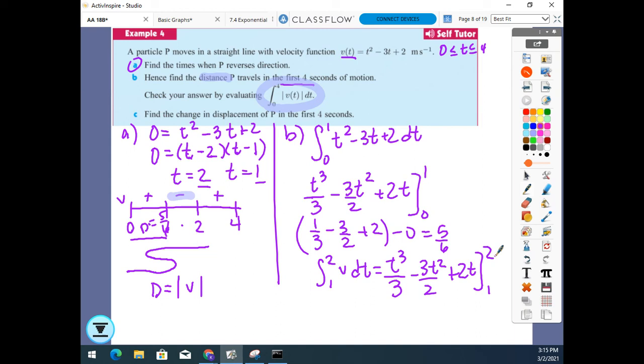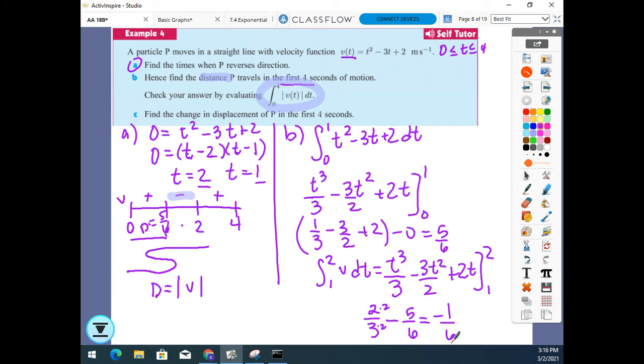All right, so when I plug in 2, I'm not going to do all that math. We can talk more tomorrow. But when I plug 2 in for all my t's, I get 2/3. Minus, I already know from plugging 1 in up here, I get 5/6. So if I get my common denominator, I get -1/6.